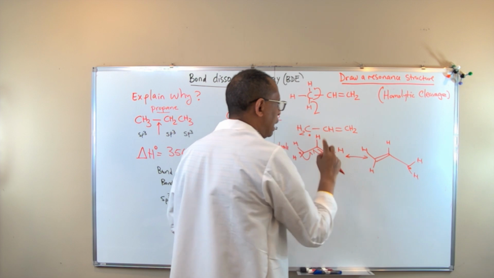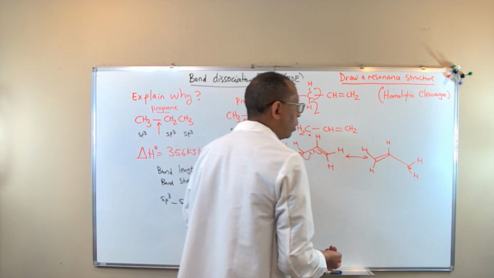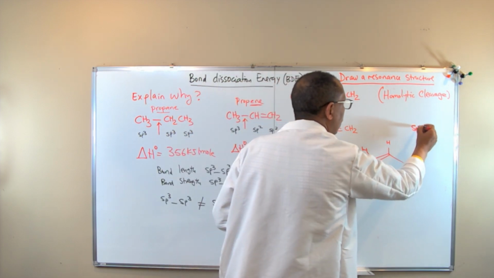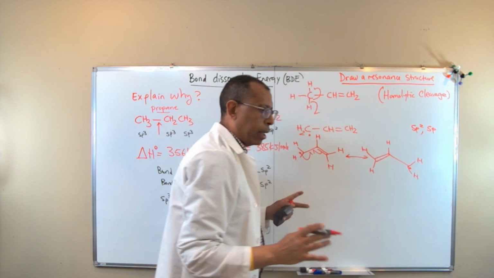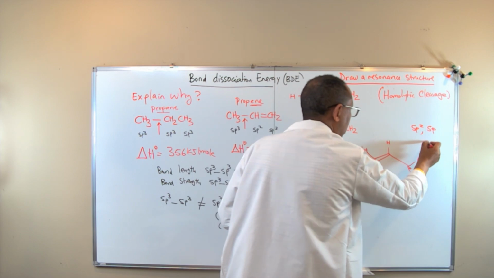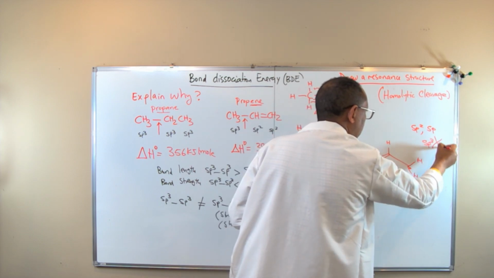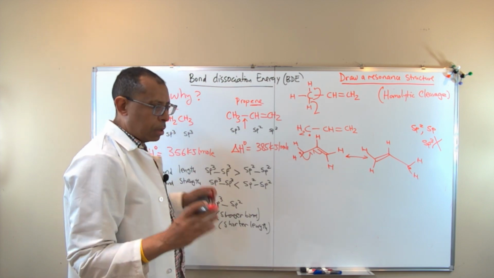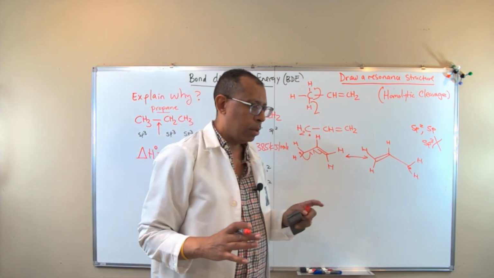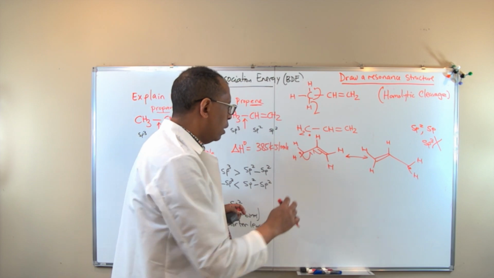If you just look at it, this is a characteristic of only sp2 or sp hybrid carbons. They can do this. sp3 cannot do resonance. An sp3 hybridized carbon, a saturated bond, cannot do resonance structure.